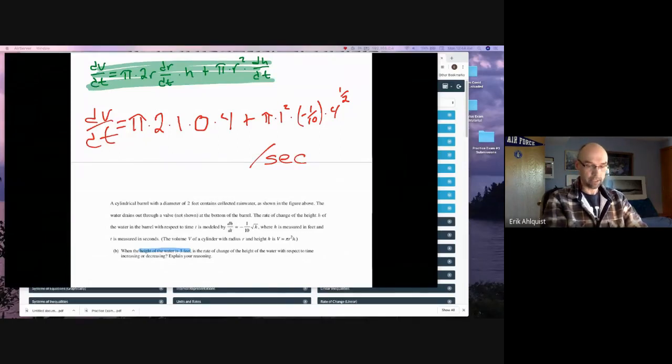Since this is a rate of change of volume, that's feet cubed. So the unit is feet cubed per second, because it's volume and a derivative.